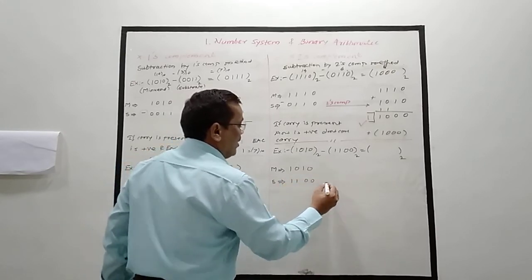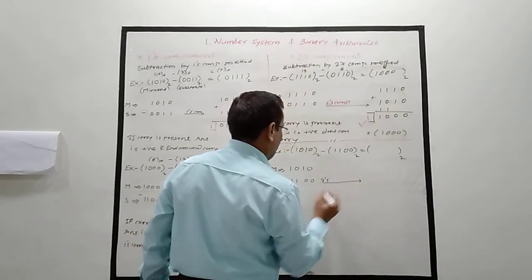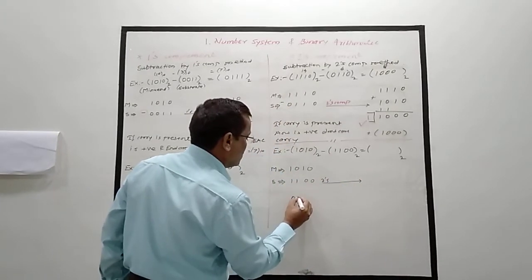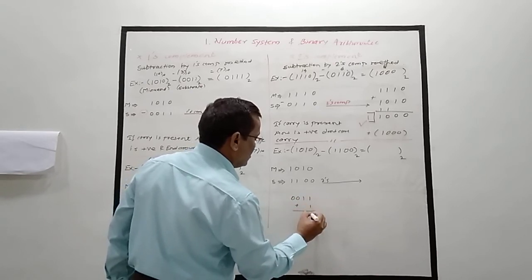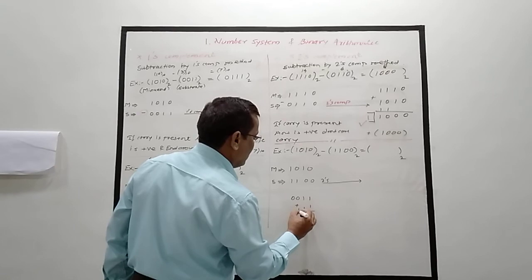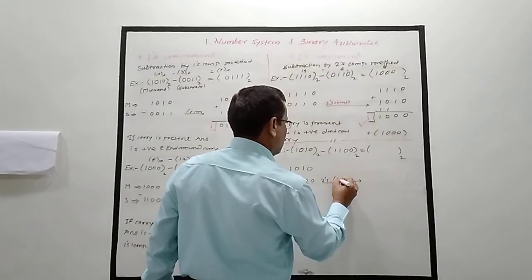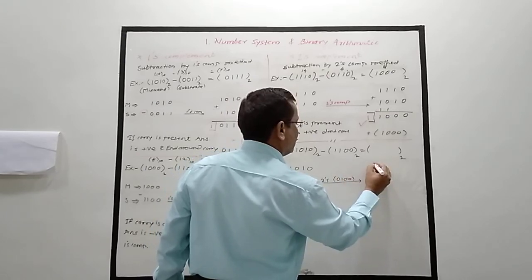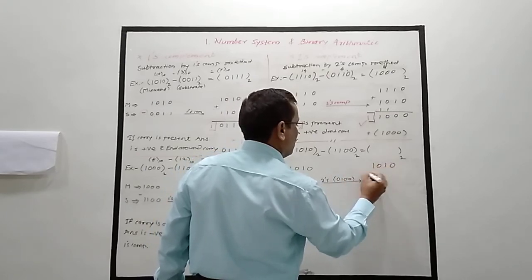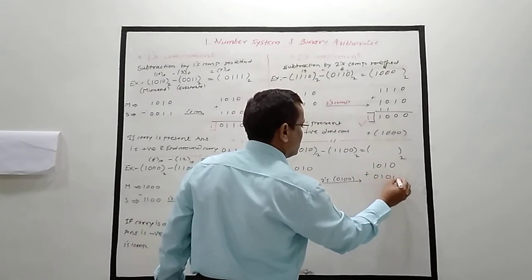Find 2's complement of subtract. What is 2's complement? 0011 plus 1. 0 with carry 1, 0 with carry 1, that 1. So the complement is 0100. Now write minus as it is, 1010 plus 0100.